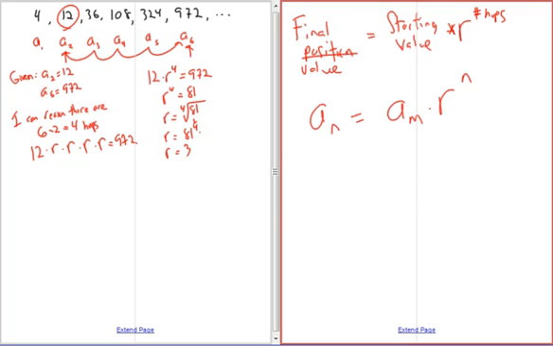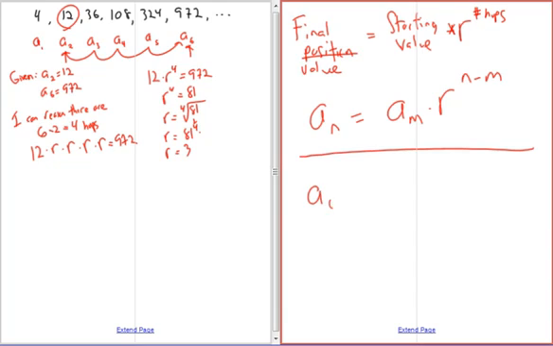Writing this a little more symbolically, that would be a sub n, so the nth term is equal to the mth term times r to the n minus m power. Normally we're thinking about this where the nth term is a little bit farther to the right, and the mth term is the leftmost term, I guess.